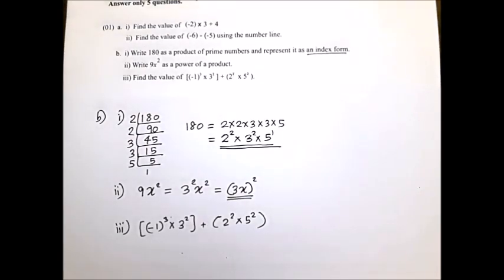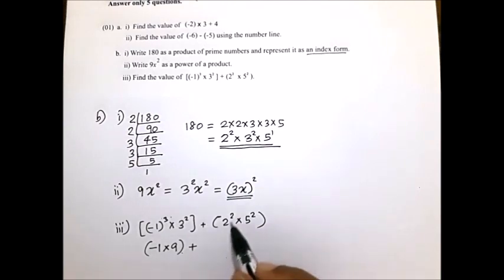Third part, find the value of this expression. Minus 1 to the power 3. If this index is odd number, you have to take negative value here. If this index is even, you have to take positive value. So here odd, take the value as minus 1. 3 to the power 2, 9. 2 to the power 2, 2 multiplied by 2, 4. 5 to the power 2, 5 multiplied by 5, 25.